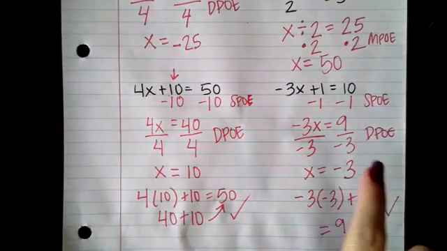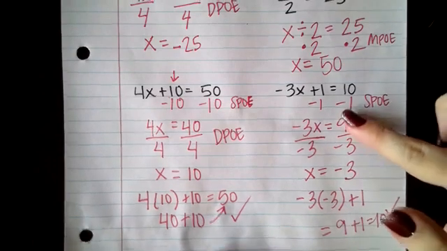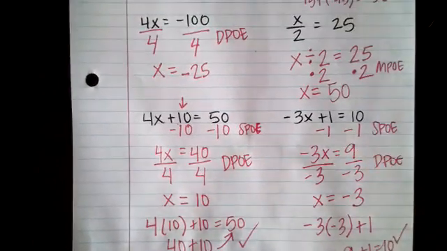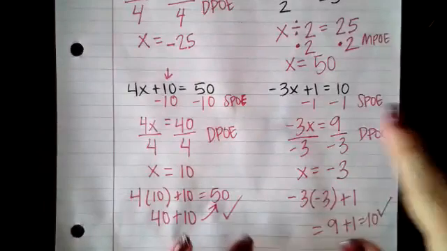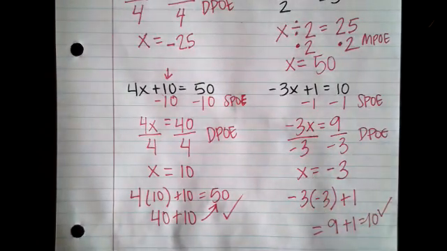So you'll notice we did the same thing to both sides of the equation in all of the problems. We labeled those properties of equality that we used, and we also used all the opposite or inverse operations to essentially undo our equation to figure out what the value of x is equal to.